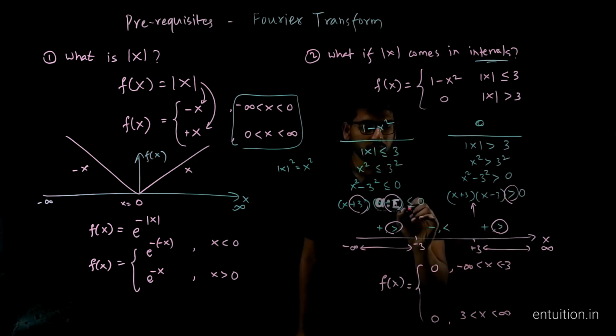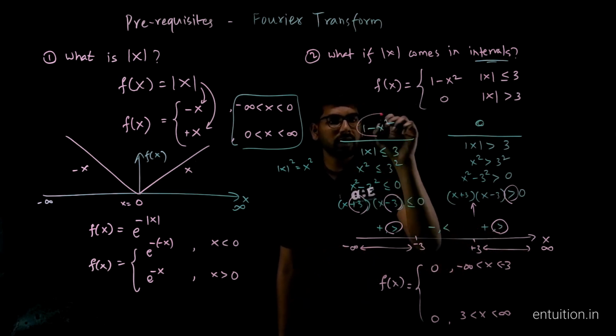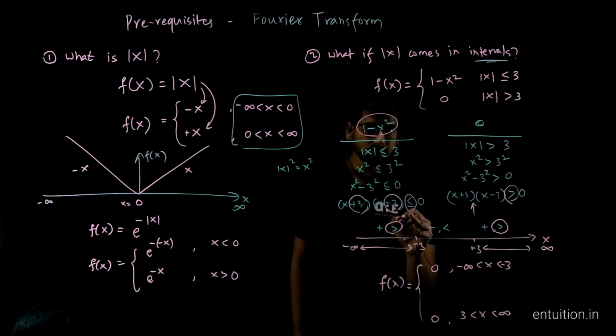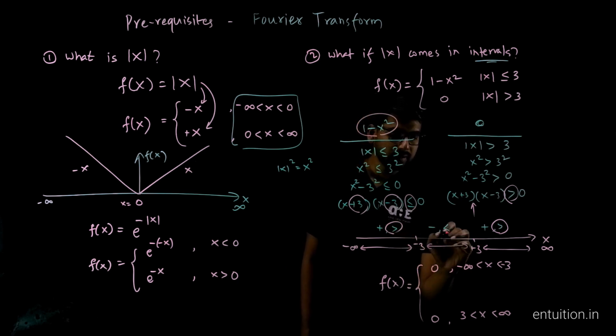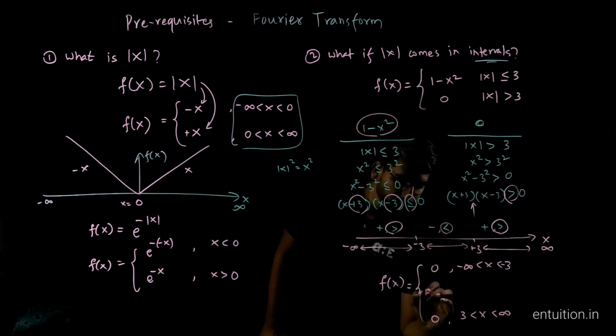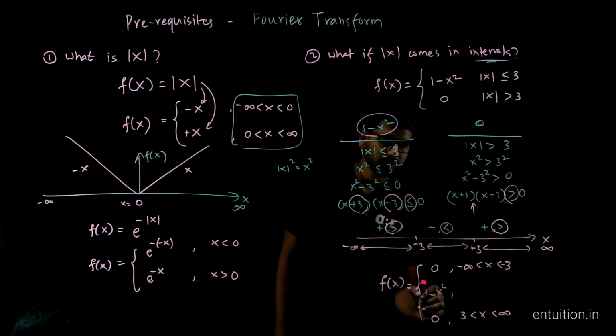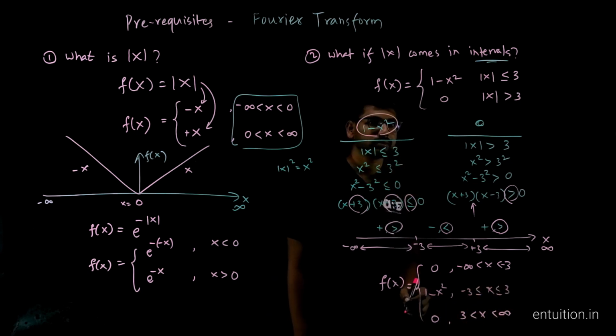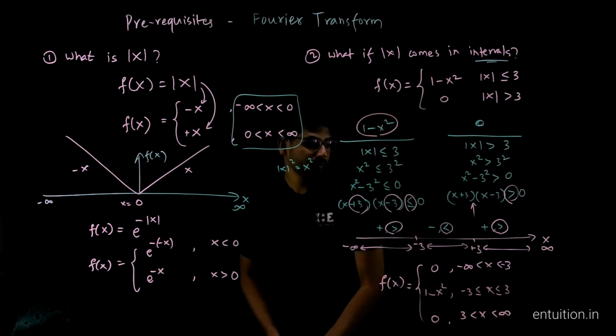Now f of x is 1 minus x square when this is less than 0. So less than 0, it will be in this interval, right here. So it is 1 minus x square in the interval minus 3 less than or equal to x less than or equal to 3.